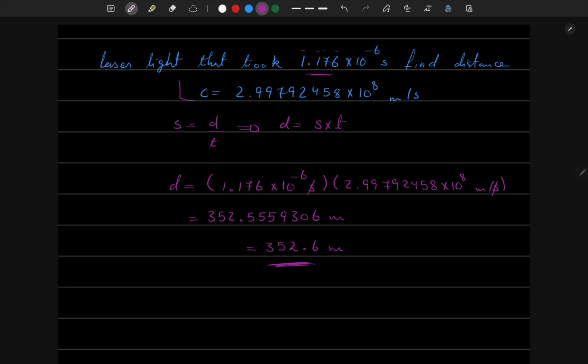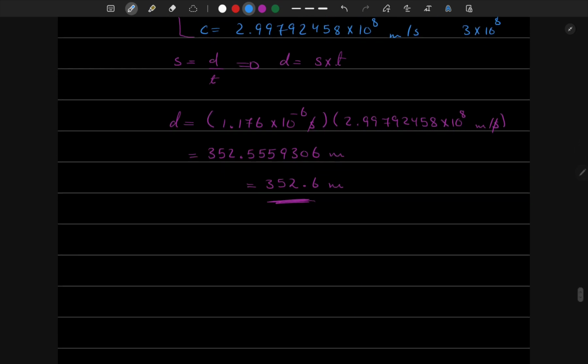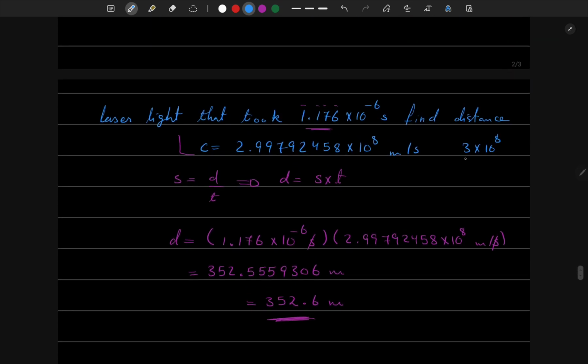Now, let us say that the speed of light given in the problem is just 3 multiplied by 10 to the power of 8, not this humongous number. Is this going to affect my final answer? Yes. Now, I have a smaller number of significant figures in this measurement, which is only one significant figure.